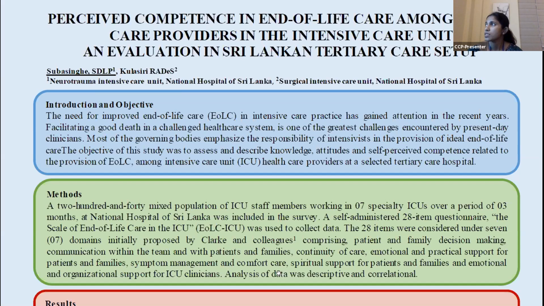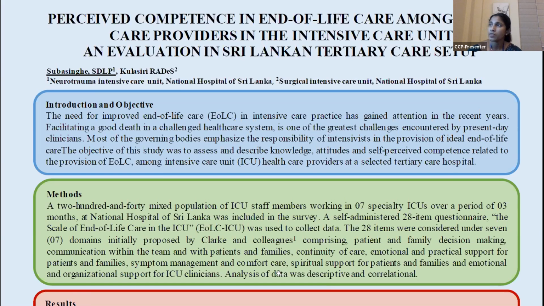It mainly consisted of 28 items, which were considered under 7 end-of-life care domains, initially proposed by Clark and colleagues, whom I have mentioned in the references. These 7 domains consisted of 7 pathways in which we provide end-of-life care, especially in the ICU.